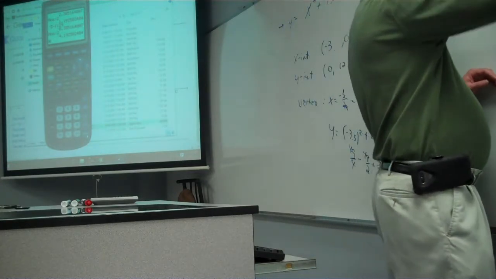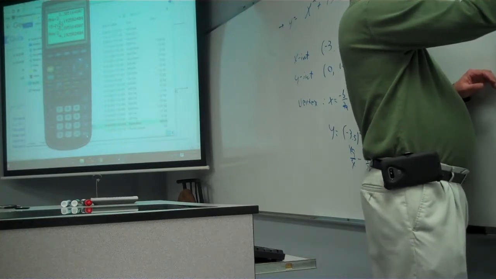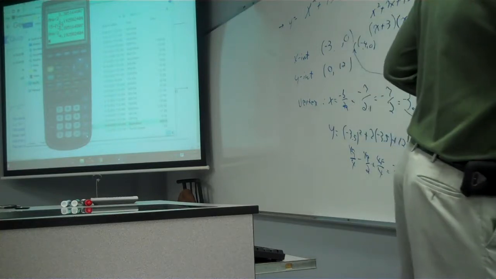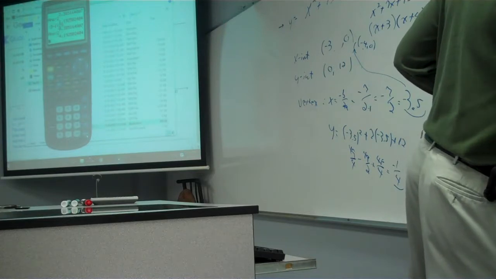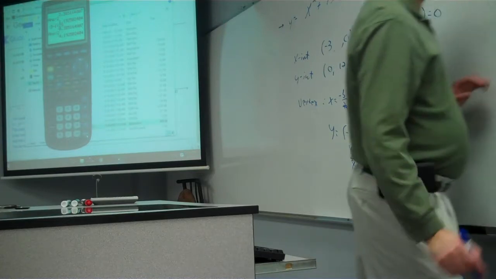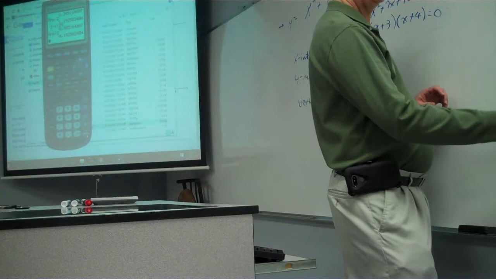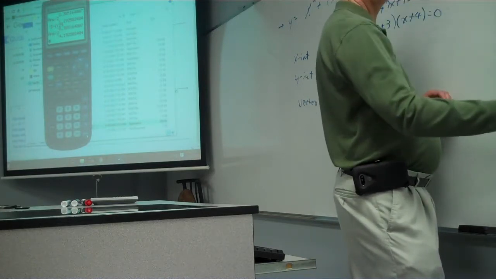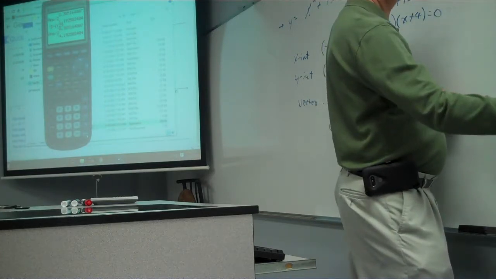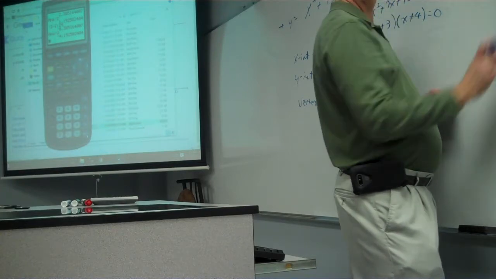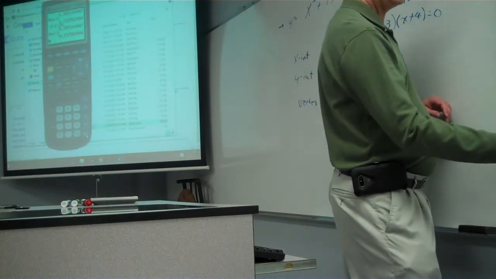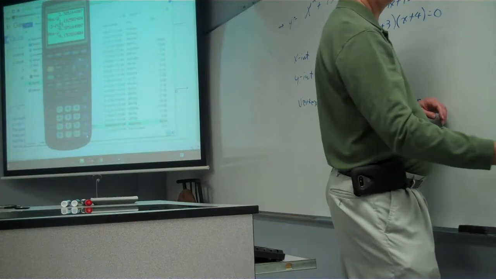Y-intercept would be what happens when we plug in x equals 0. 0, 0, minus 5. The vertex, well, x is negative b over 2a. So in this case, negative 3 halves. And y is whatever we get when we plug that in.